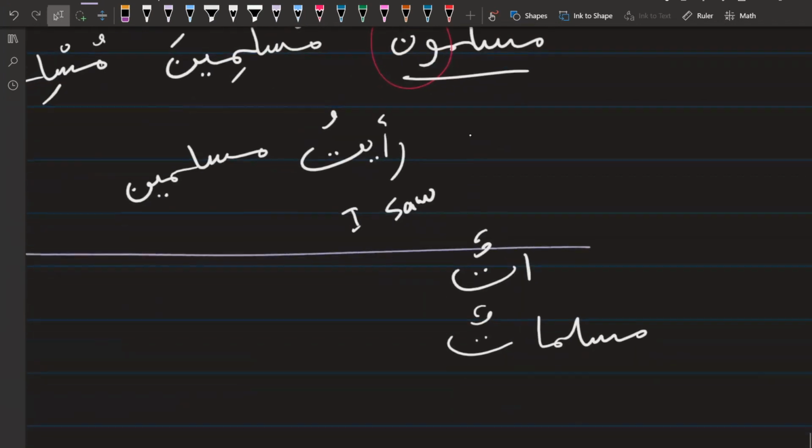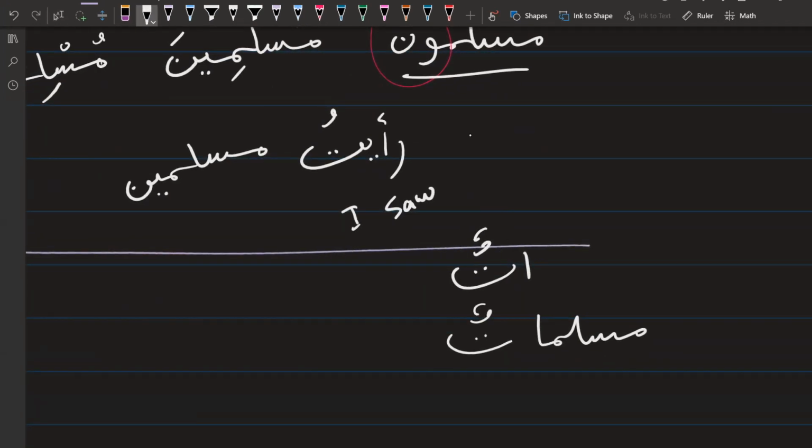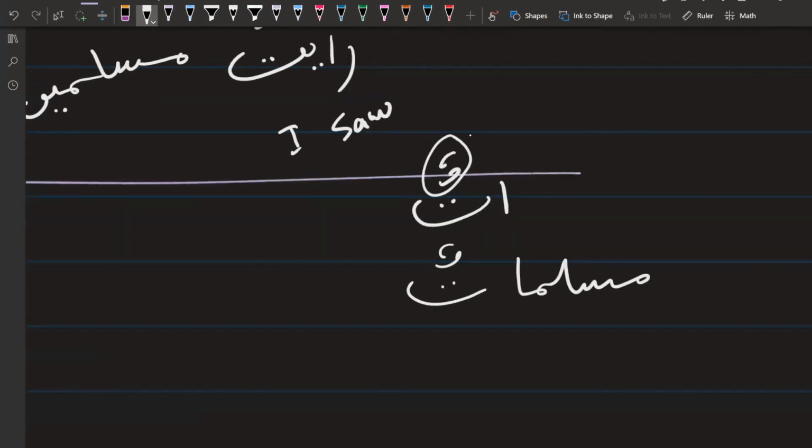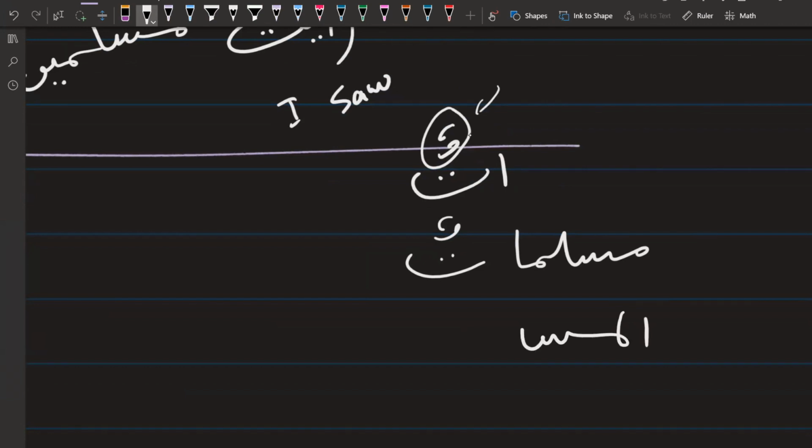This tanween is of damma. Basically damma. Don't worry about tanween, just damma. Tanween goes away when you add alif lam. If you say al-muslim, al-muslima, you cannot say tanween. Tanween will always go away when you have alif lam. So you have to say al-muslimatu.